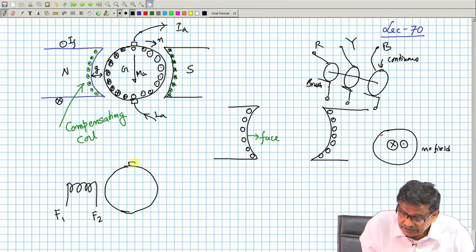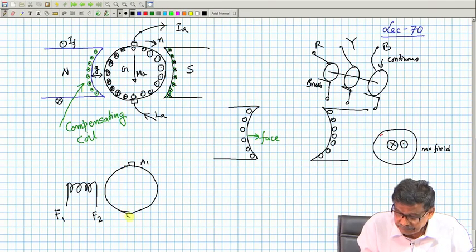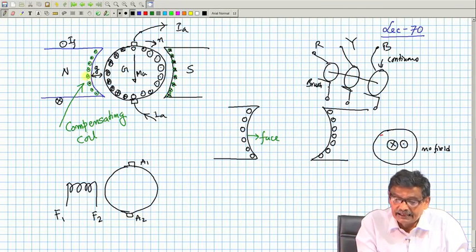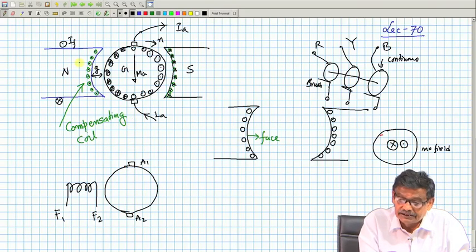Here is your armature coil A1, A2. And the compensating coil, magnetic axis of that is also along the quadrature axis, because these are the turns, cross dot. Are you getting me?